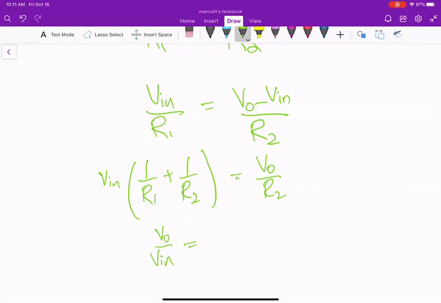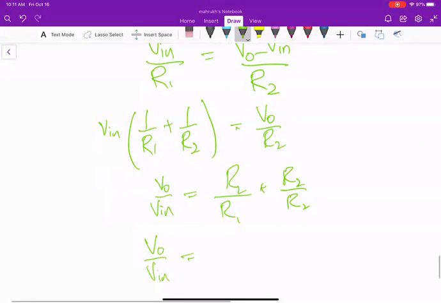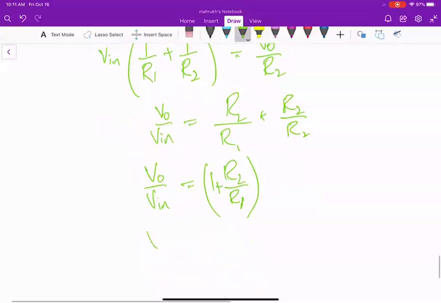So it will be R2 by R1 plus R2 by R2. This is your V naught over V in expression for the non-inverting op amp. You can also say that this is equal to 1 plus RF by R1, where R2 is the feedback resistance.